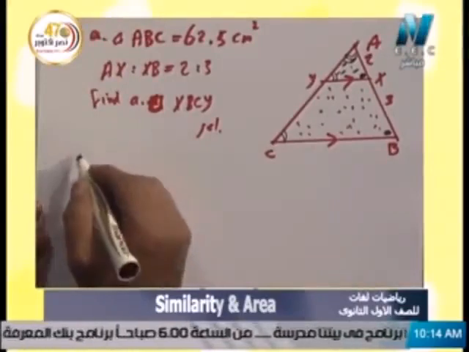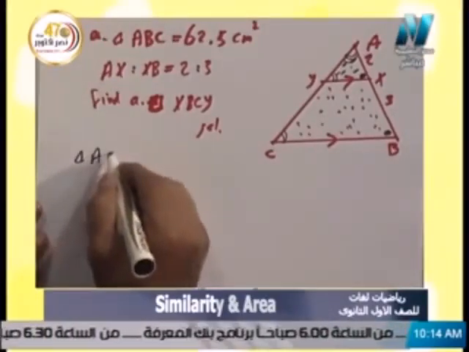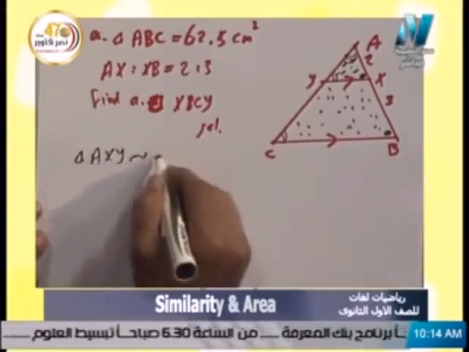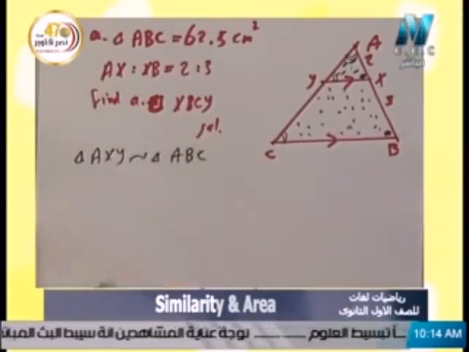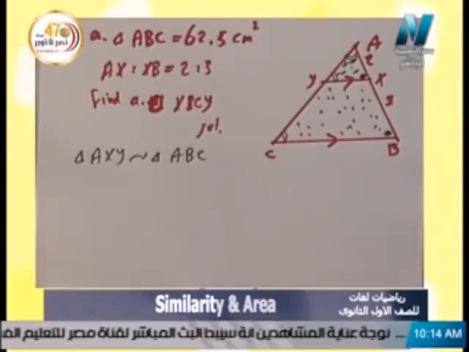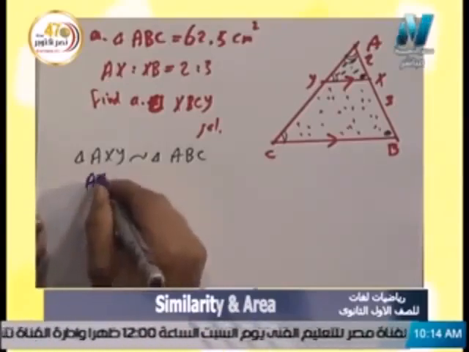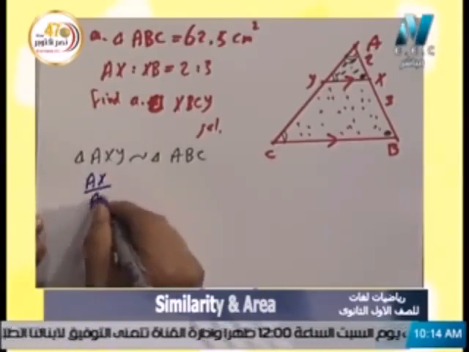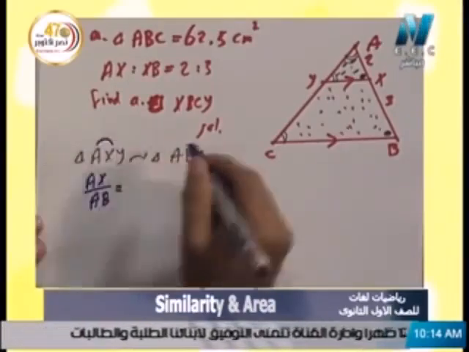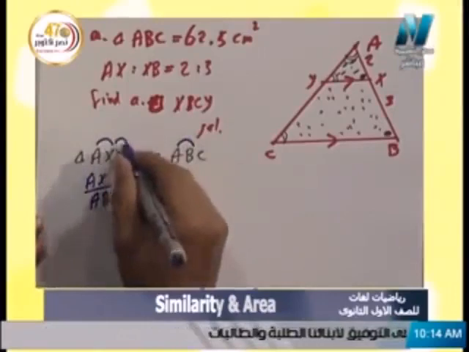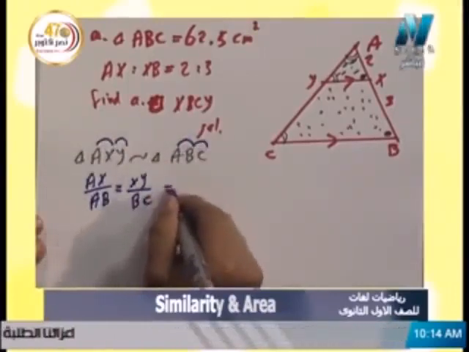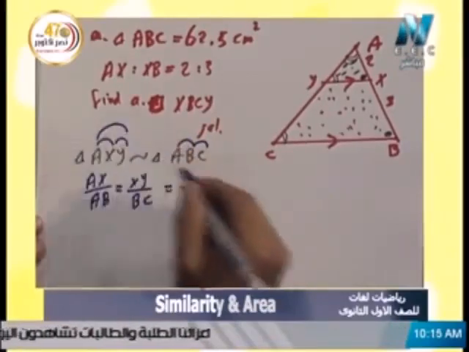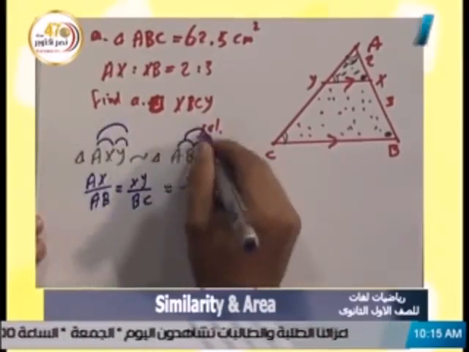So we can say the triangle AXY is similar to triangle ABC. And of course, we can deduce that AX over AB, okay, equals XY over BC, also AY over AC.